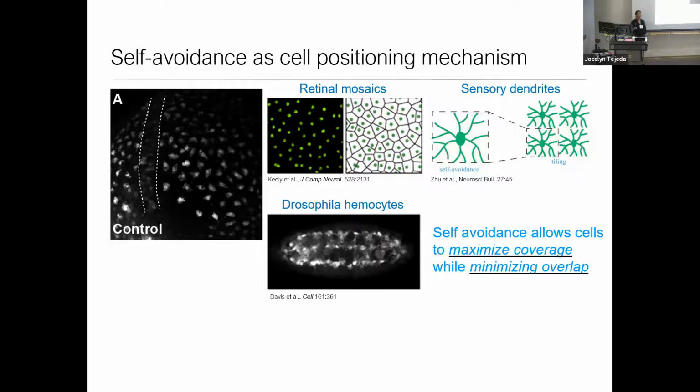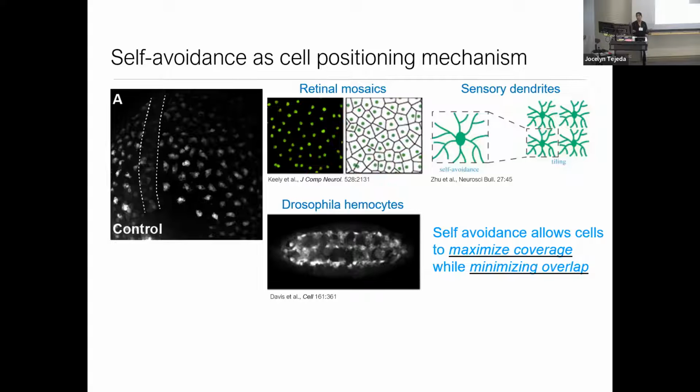In each of these examples, this highly ordered spacing is driven by mutual repulsion between these cells. So we think that endodermal cells are using the same mechanism of self-avoidance to generate this highly ordered pattern. And in other contexts, especially in these sensory systems, this pattern driven by self-avoidance is thought to be a mechanism to maximize coverage while minimizing overlap.